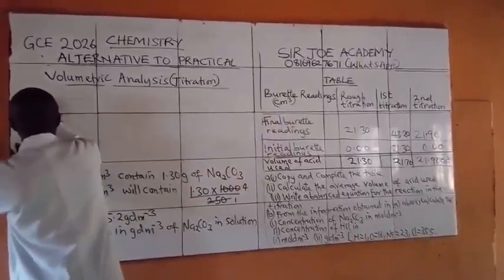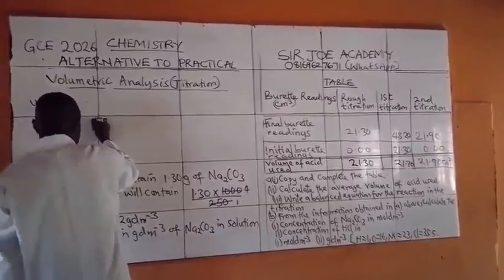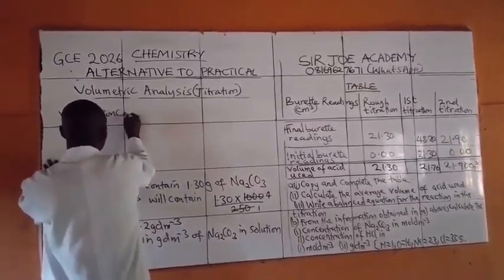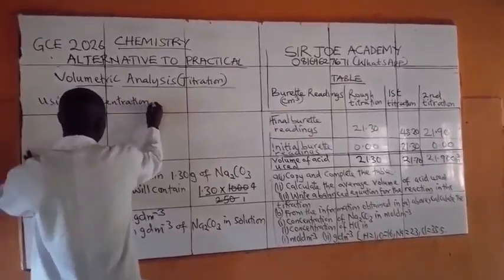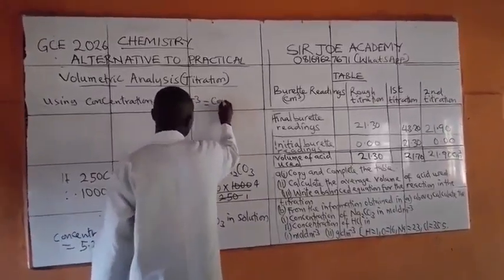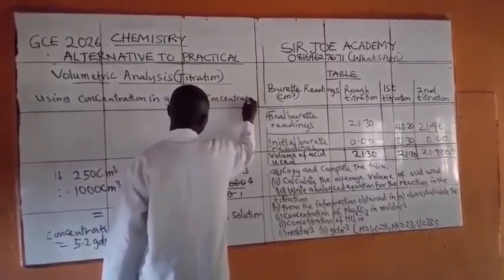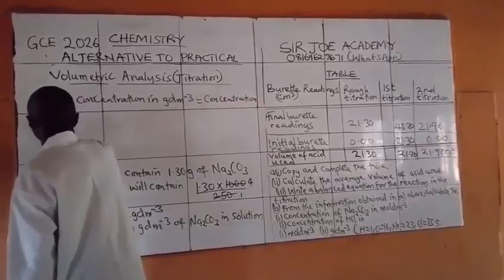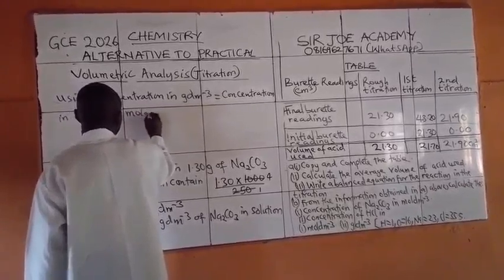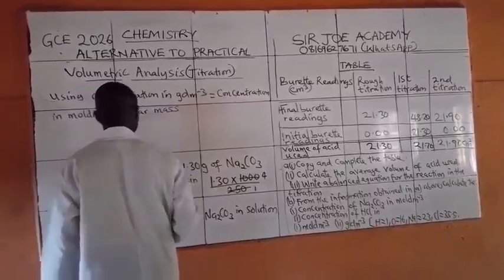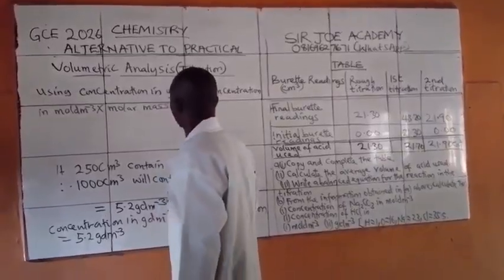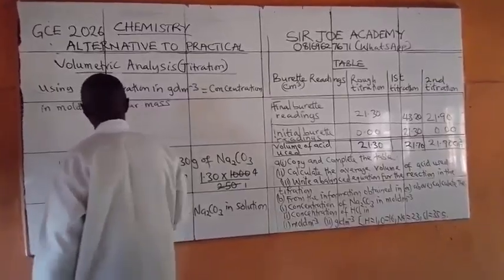Using the formula, concentration in gram per dm³ is equal to concentration in mole per dm³ times molar mass. Now we make concentration in mole per dm³ the subject of the formula.